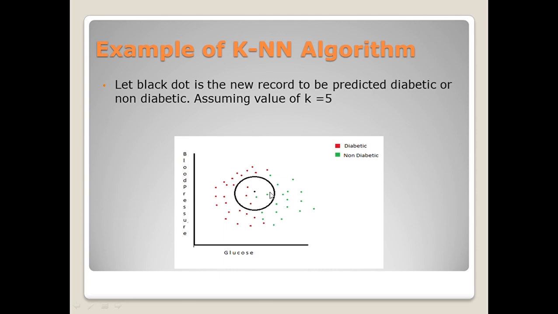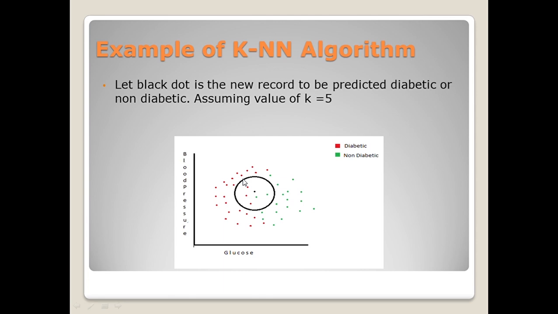In this example, we are assuming only two features, blood pressure and glucose level, to identify whether the person will be diabetic or non-diabetic. The diagram is a two-dimensional graphical indication of diabetic and non-diabetic persons present in the training set. Here, the green dots represent non-diabetic persons and red dots represent diabetic persons.